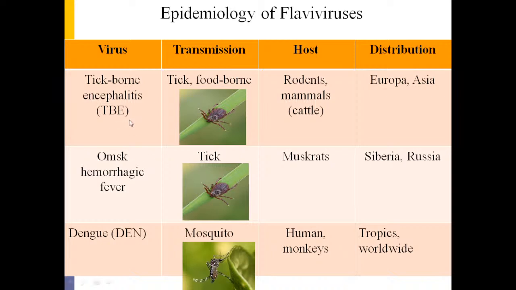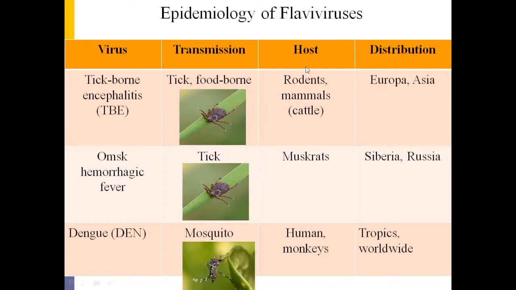It's tick-borne encephalitis, or TBE, its short name, Omsk hemorrhagic fever, and dengue. Tick-borne encephalitis is transmitted through biting of ticks and foodborne transmission from cattle.